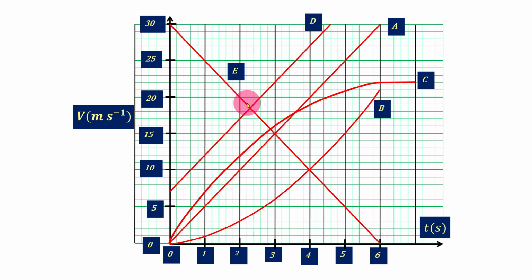So before we go to other complicated graphs or combination of this graph and this graph or another graph, let's first of all look at how we can determine the gradient of a line on a graph. This one is important. It will help you in physics as well as remind you of what you do in mathematics all the time. So see you in the next video where I'll be talking about graphs.